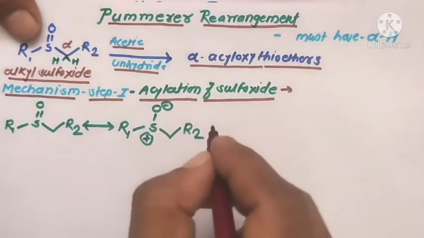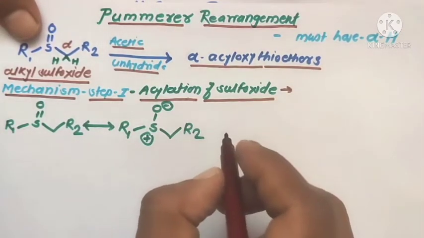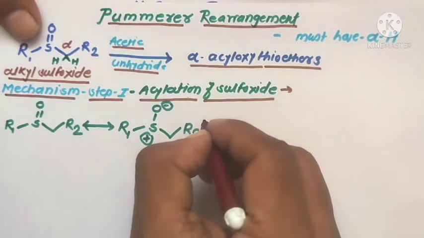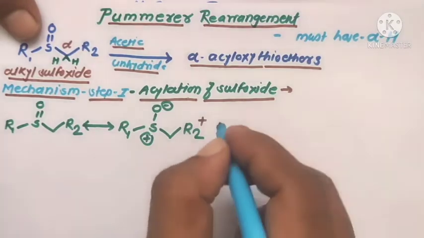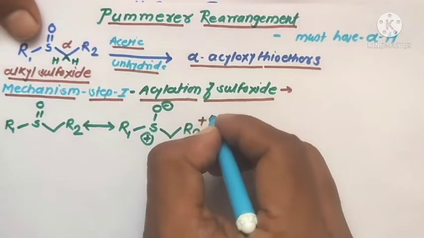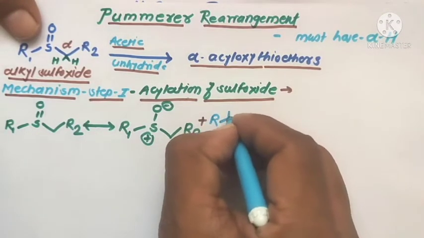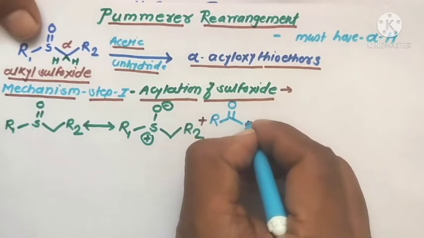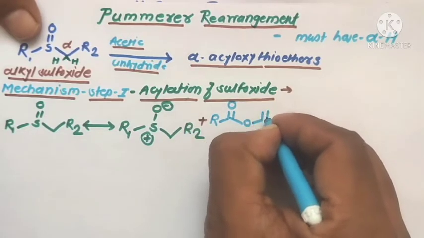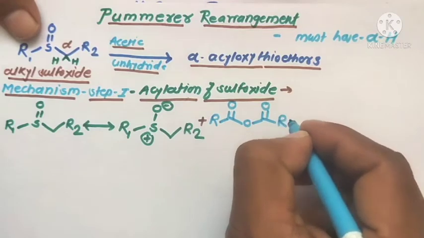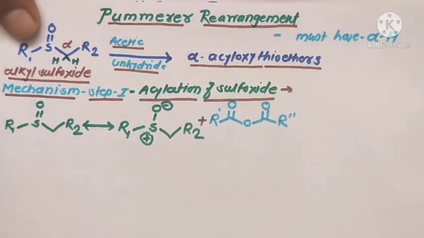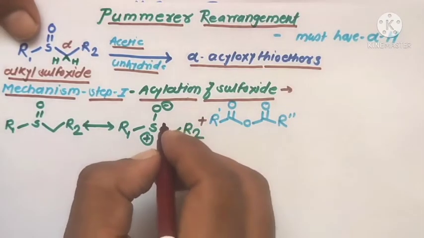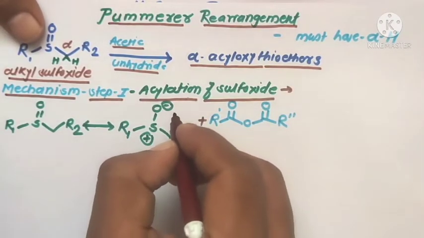Then this molecule reacts in the presence of the acetic anhydride compound, like R'C double bond O, O, C double bond O, R''. In this molecule nucleophilic addition takes place.